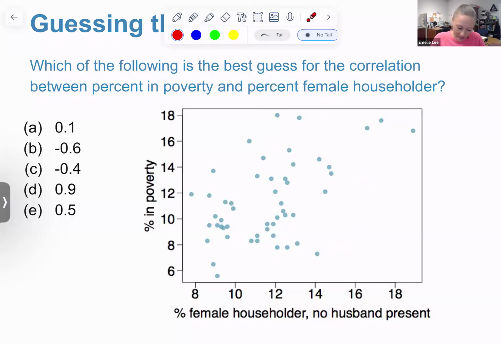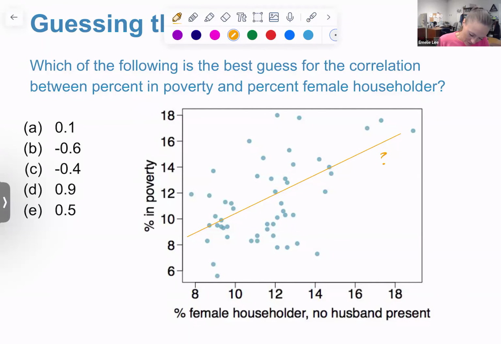If I had to, I would say maybe something like this. Maybe it's positive, right? I don't know. But it's quite weak, right? And so because I have this feeling that it looks a little bit positive, just because we've got these upper points here and points down here, kind of anchoring at both ends.